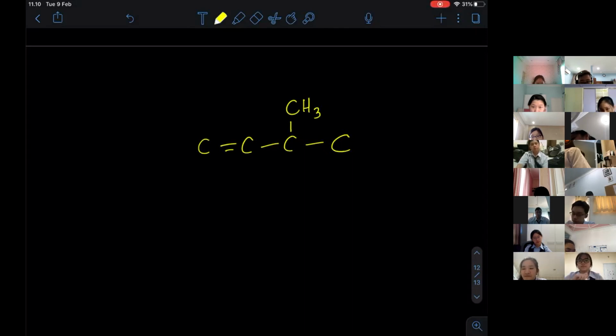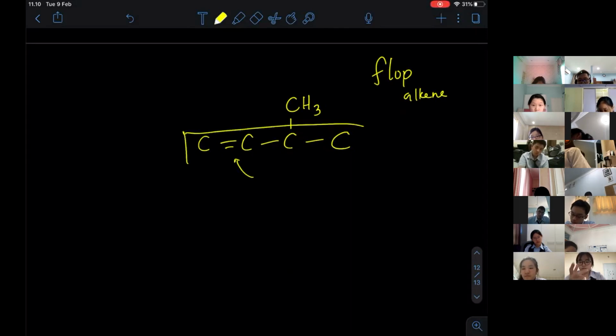According to FLOP, I have identified that it's a double bond, so it's going to be alkene. My priority is going to be my double bond. Then the longest carbon chain is 4, so it's but.